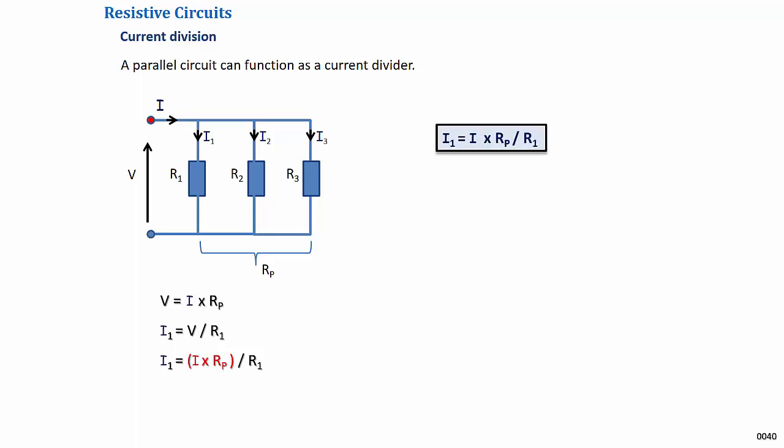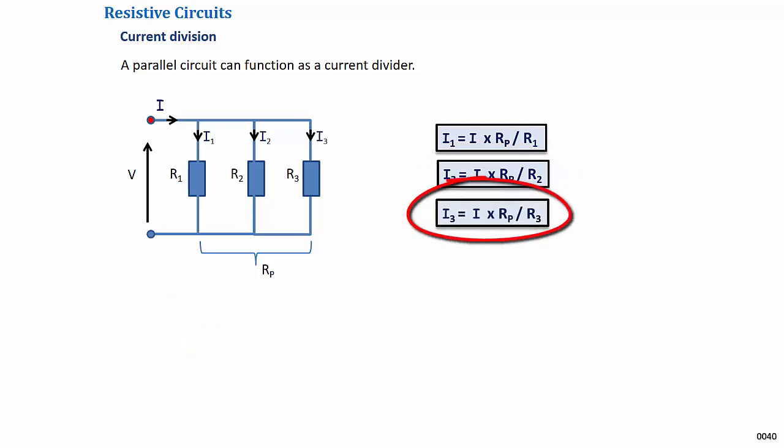Similarly, I2 equals I times Rp divided by R2, and I3 equals I times Rp divided by R3.